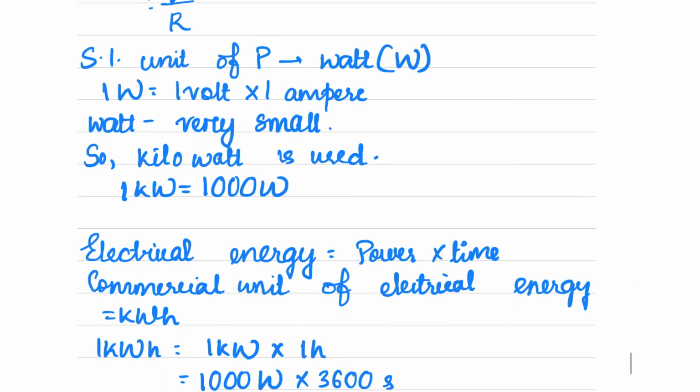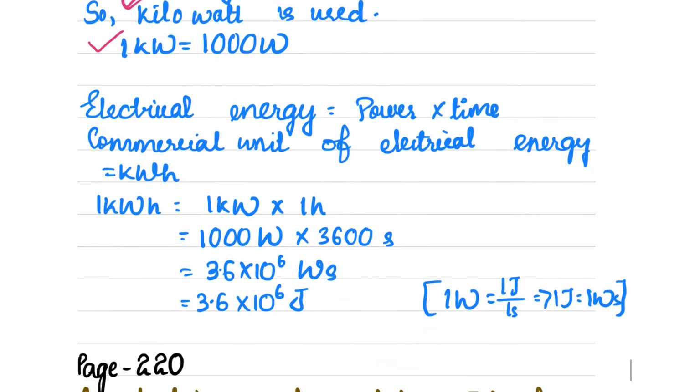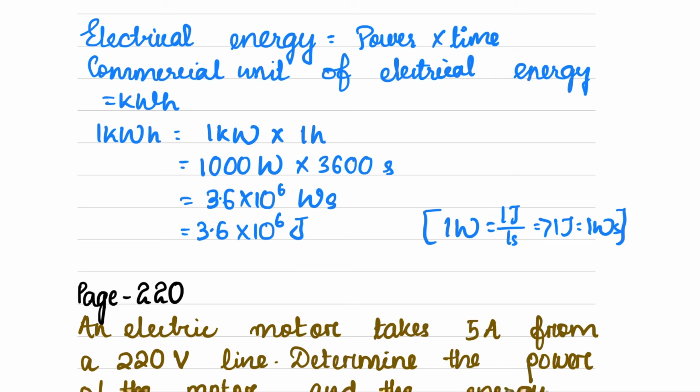The SI unit of power is watt, but it is a very small unit, so we generally use kilowatt in actual practice, where 1 kilowatt is equal to 1000 watt. Now we also know that electrical energy is equal to power into time. The commercial unit of electrical energy is kilowatt hour. If in 1 hour 1 kilowatt of electrical power is consumed, then the electrical energy consumed is 1 kilowatt hour.